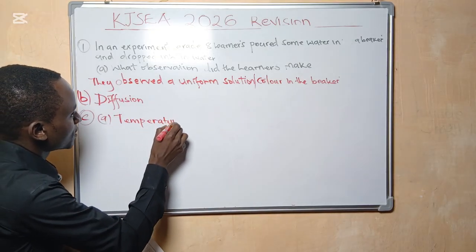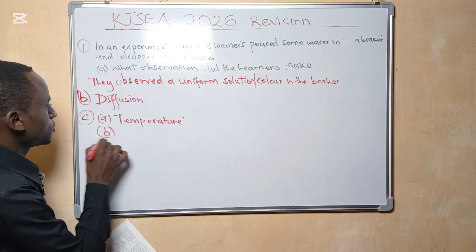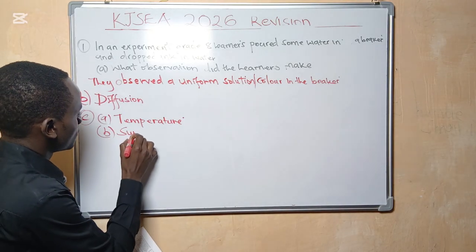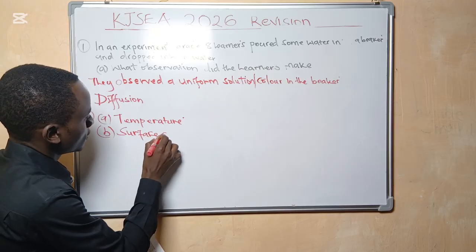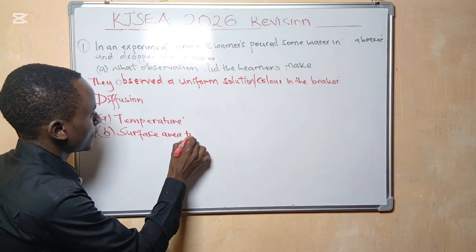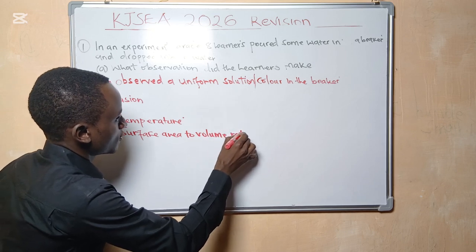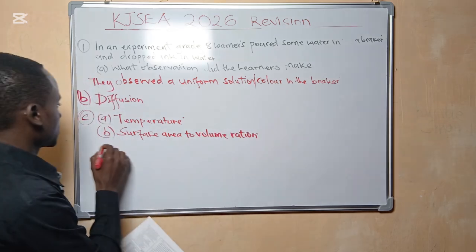Number two, what do we have? We have surface area to volume ratio.